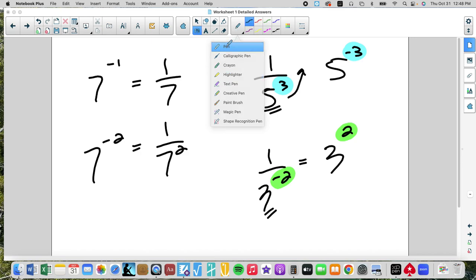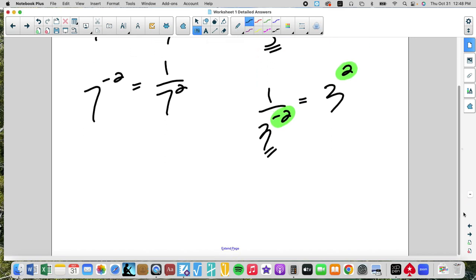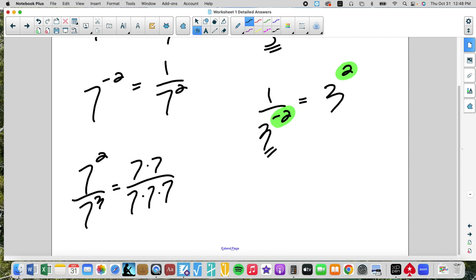And why is that? We can go into a little bit more detail. If I have 7 squared over 7 cubed, we have 7 times 7 over 7 times 7 times 7. We have more in the denominator than the numerator, and these would cancel, and you're left with 1/7.